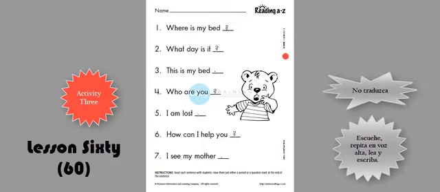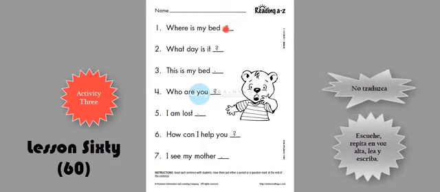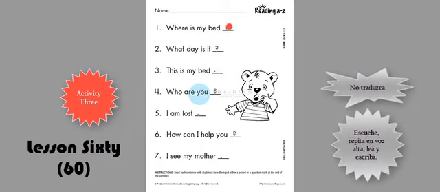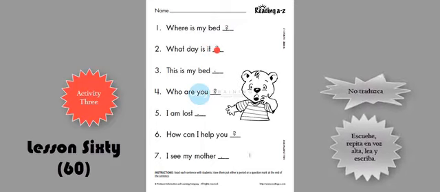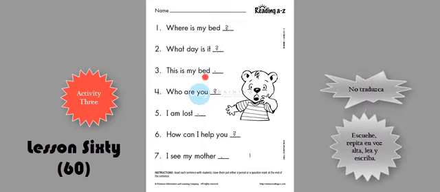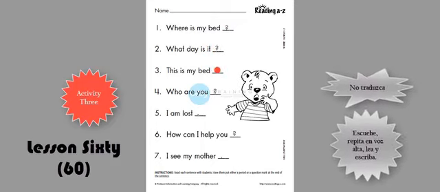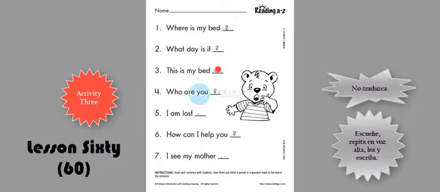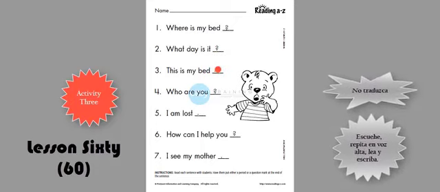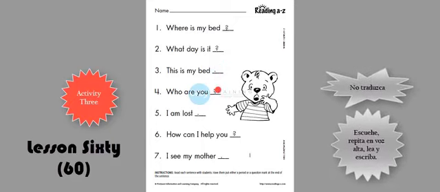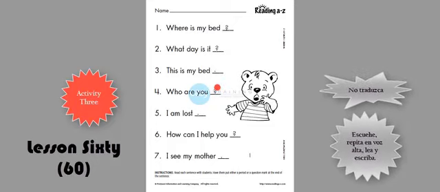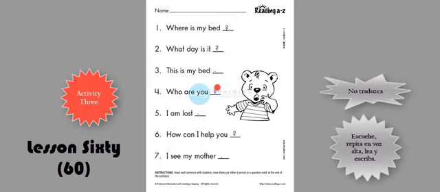Here you are. Where is my bed? This is a question mark. What day is it? This is my bed. This is not a question. This is a statement, a positive and affirmative statement. So I have placed a period at the end. Who are you? I have placed the question mark because this is a question.